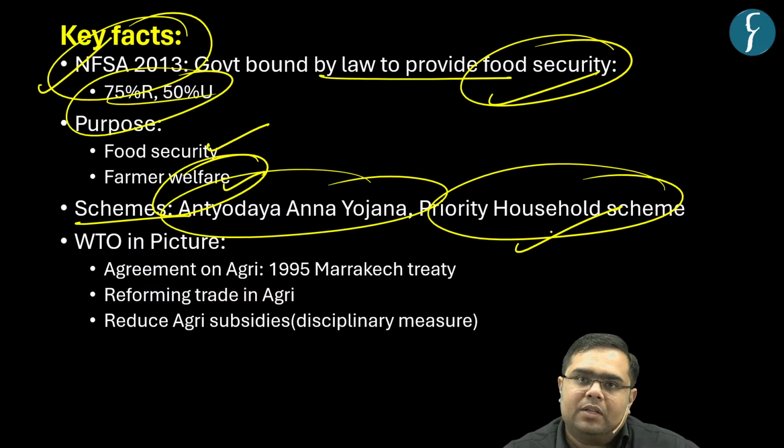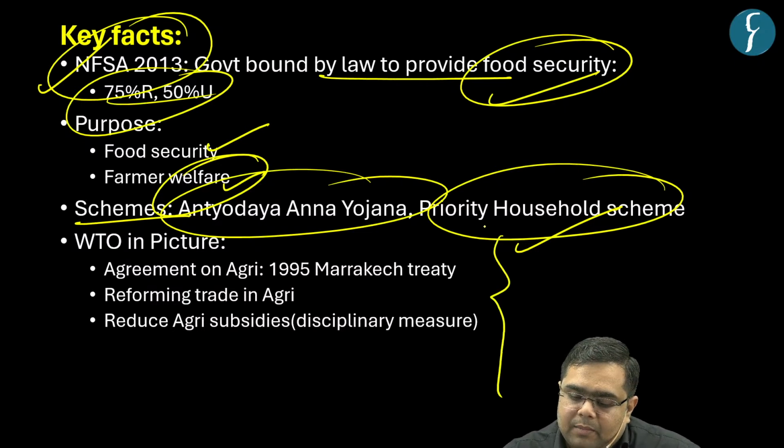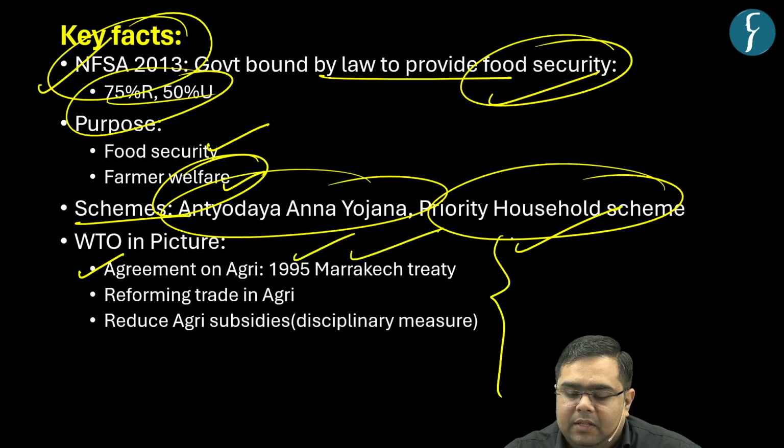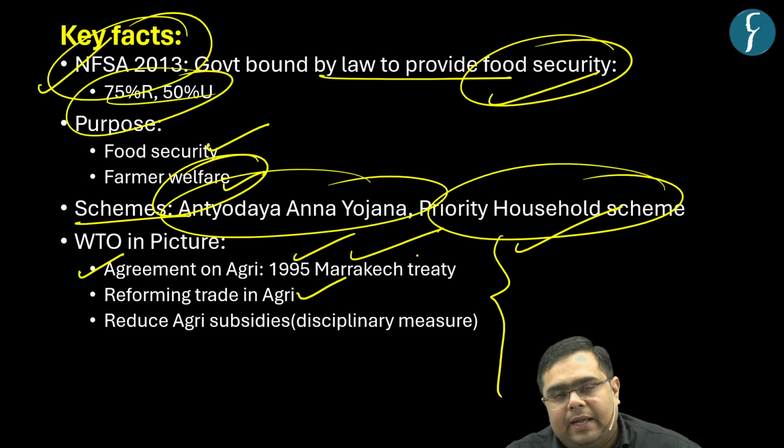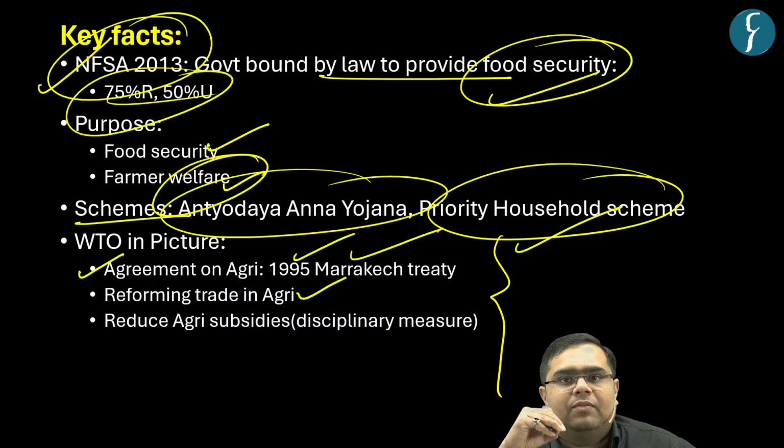Then how does WTO come into the picture? WTO comes into the picture because in the 1995 Marrakesh Agreement, there was an Agreement on Agriculture. The intended purpose of this particular agreement was to reform trade in agricultural practices. Because what does WTO stand for? WTO stands for free trade.